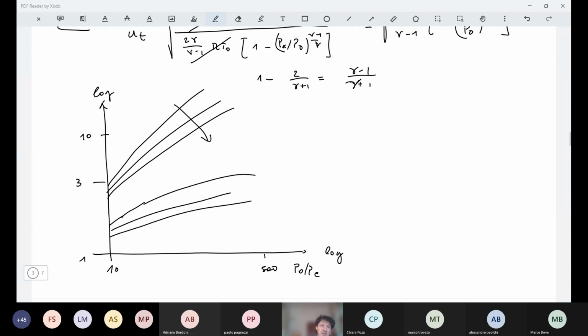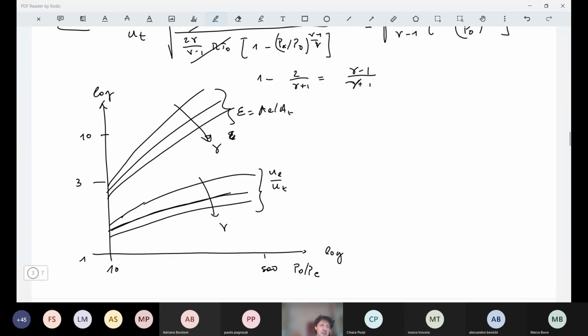This group of lines is related to epsilon, and for varying gamma we also have UE over UT. So these three lines are related to three different values of gamma for UE over UT, and these three lines are related to epsilon, AE over AT.